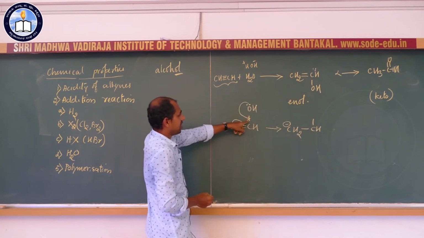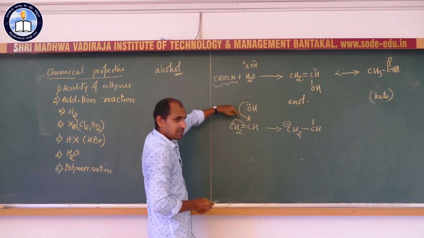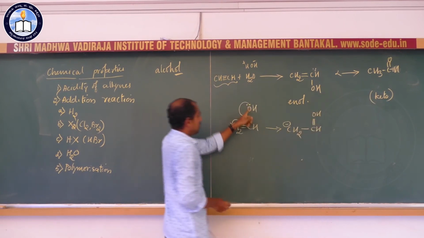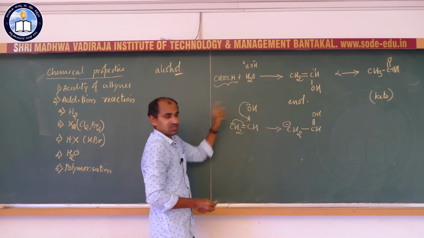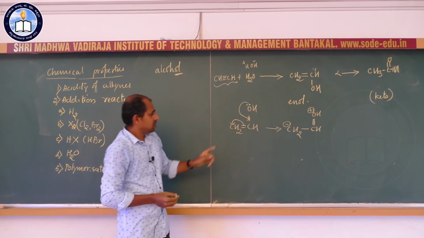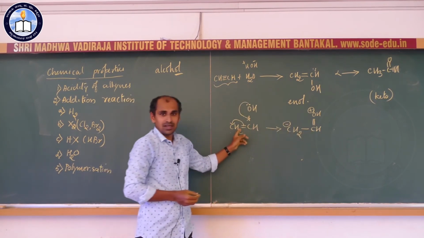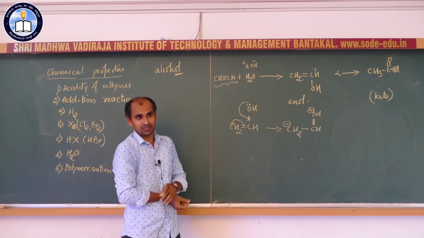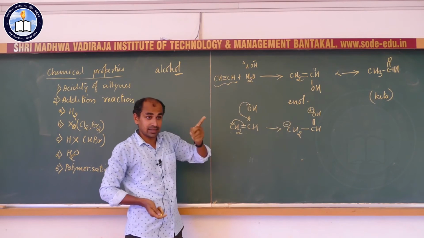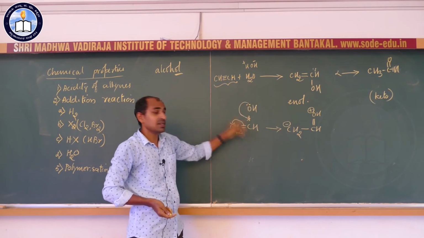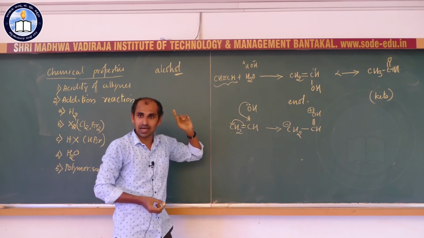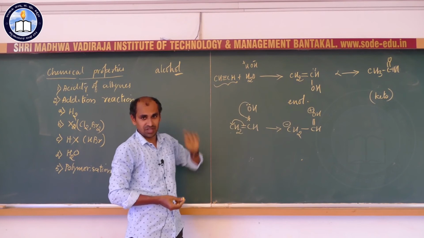Because of the movement of the lone pair, we now get a double bond, and the lone pair is donated by oxygen, hence it should be positively charged. This structure is called a resonance structure. Why is it called resonance? Because there is no migration of any atom, only migration of electrons takes place. If there is a shift of electrons across the carbon chain, then it is called resonance.